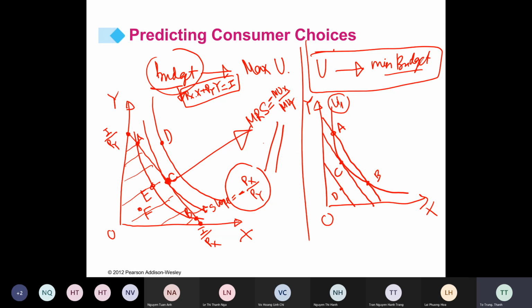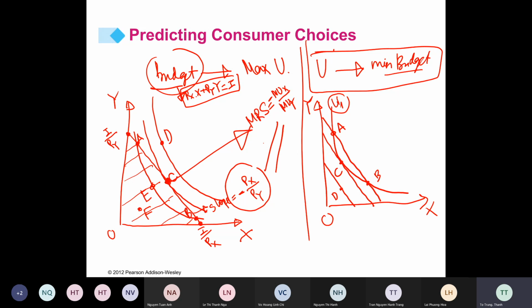And the question is that if the price of X changes, let's say the price of X decreases, the price of Y is still the same, income is the same, but the price of X decreases. So what happened to the best consumption level or combinations of the consumers?